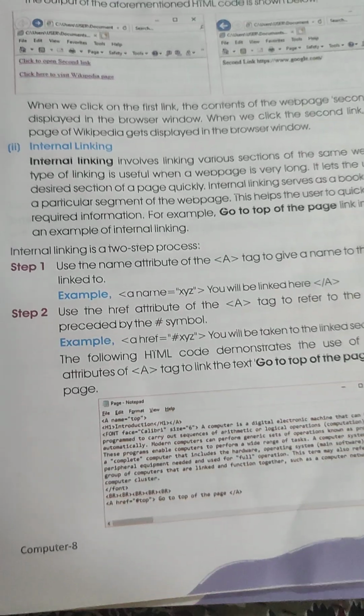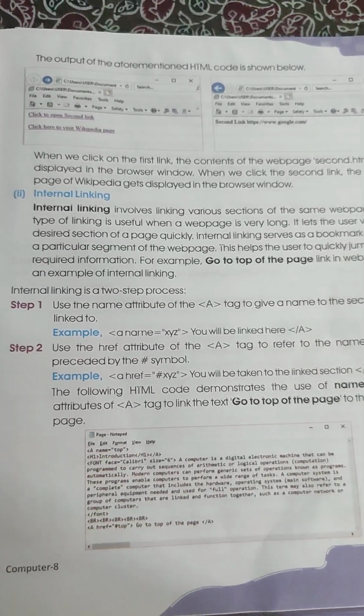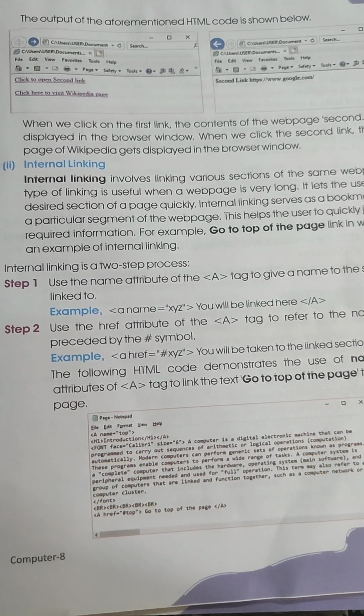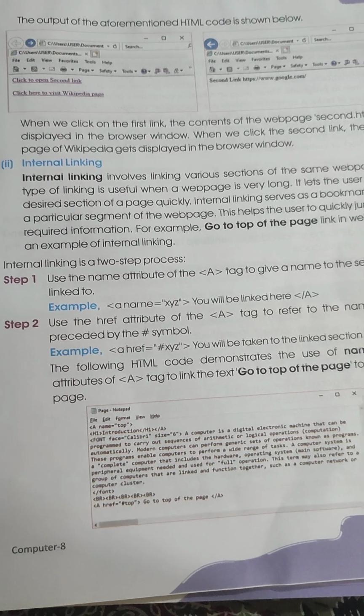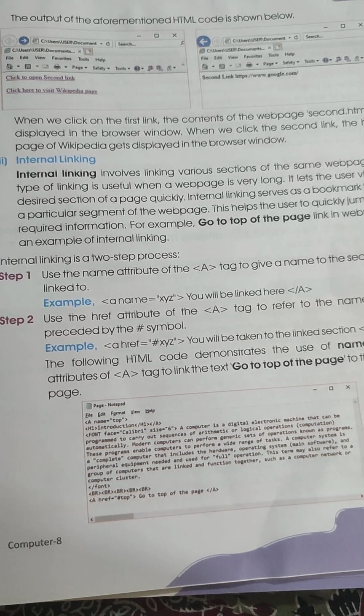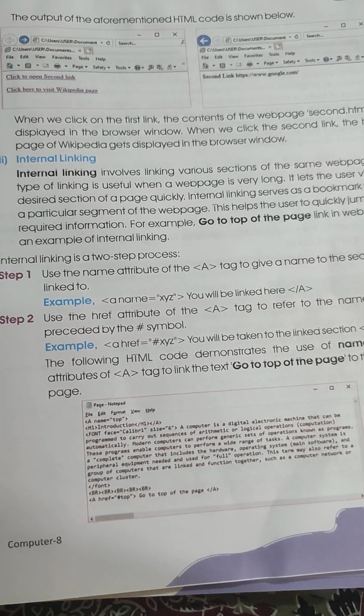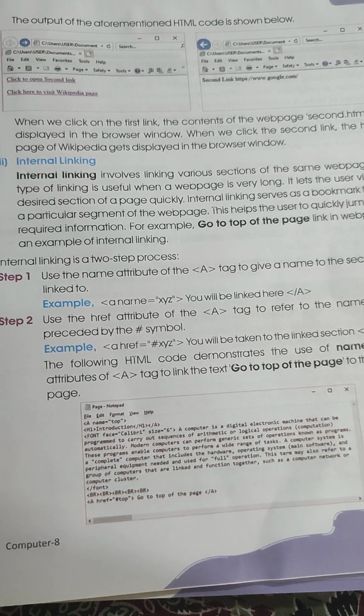Okay, as for example, a book. I am explaining internal linking through the book. In a book, the first page is the content page, with the page numbers, chapter wise, all written there.